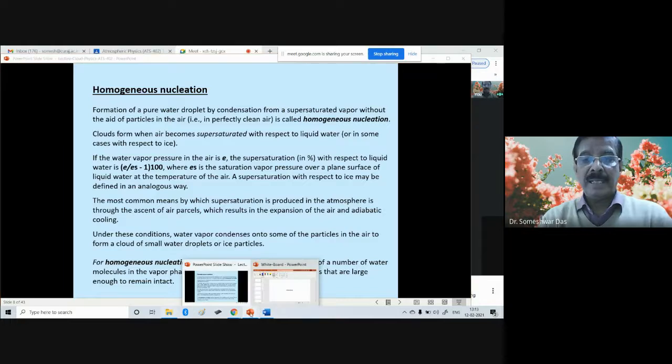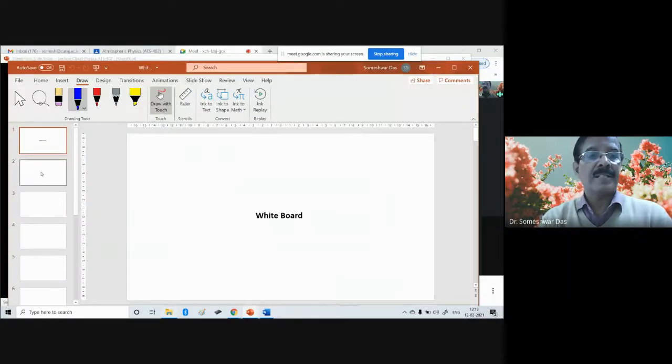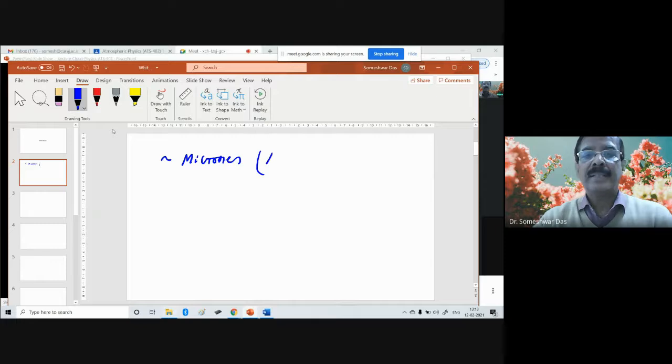Typically the initial size of the water droplets can have a radius of the order of microns. It is generally denoted by mu. Approximately, 1 micrometer is 10 to the power minus 4 meter, or equal to 10 to the power minus 6 centimeter.